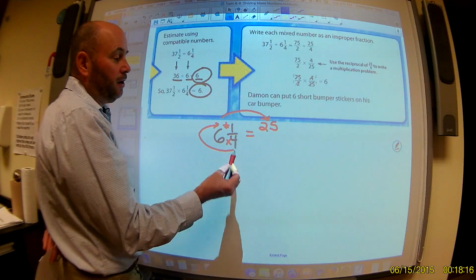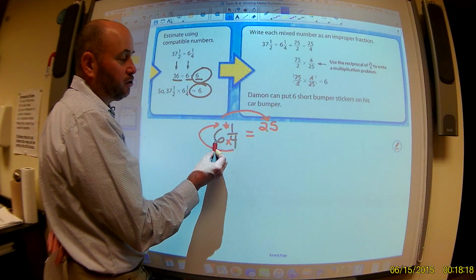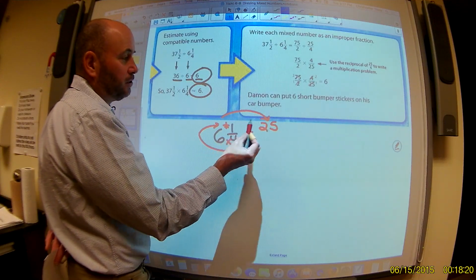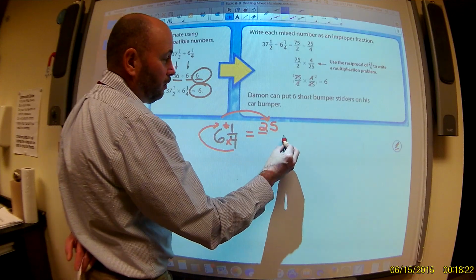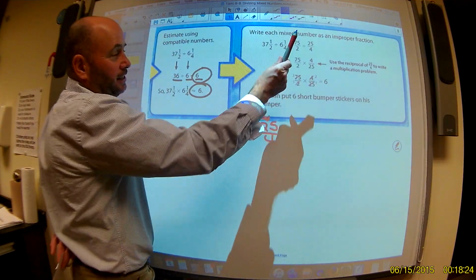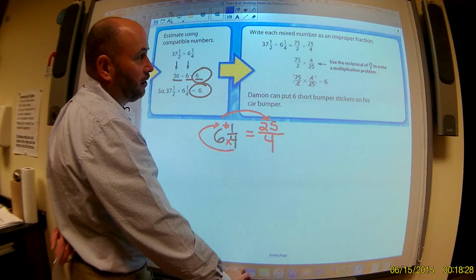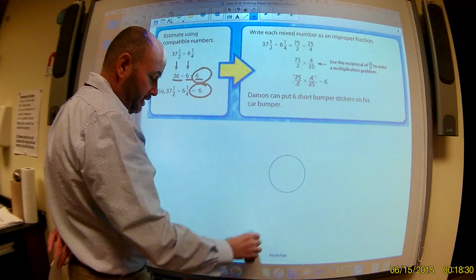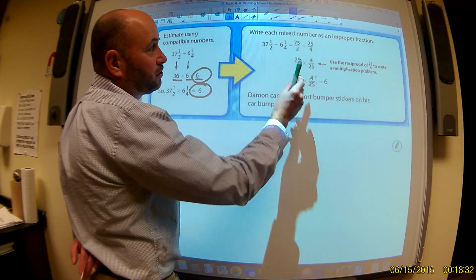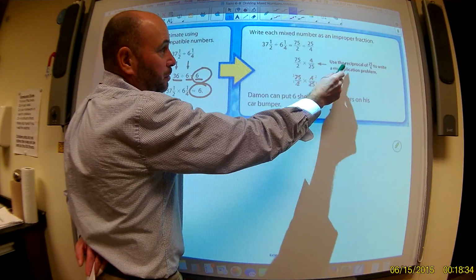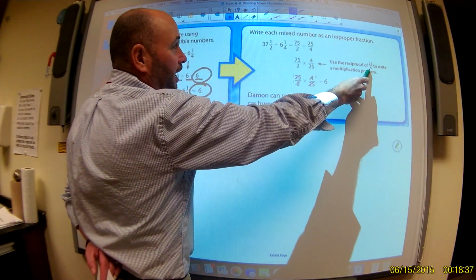Keep the denominator the same. And so that's how they came up with 25/4.